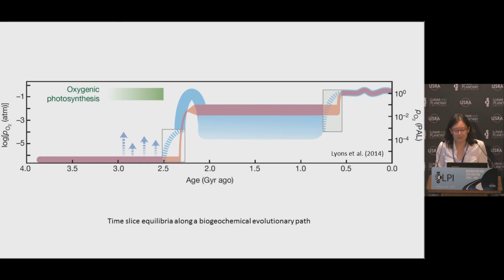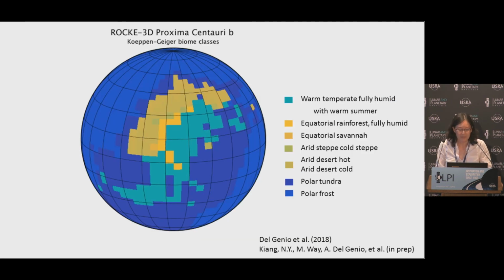We're going to see snapshots in time when we observe planets with upcoming missions, and how they could possibly vary along that biogeochemical path. This is just a fun little look at what happens if you have Proxima Centauri b and it's tidally locked. This is actually an aquaplanet climate because we didn't do land yet.